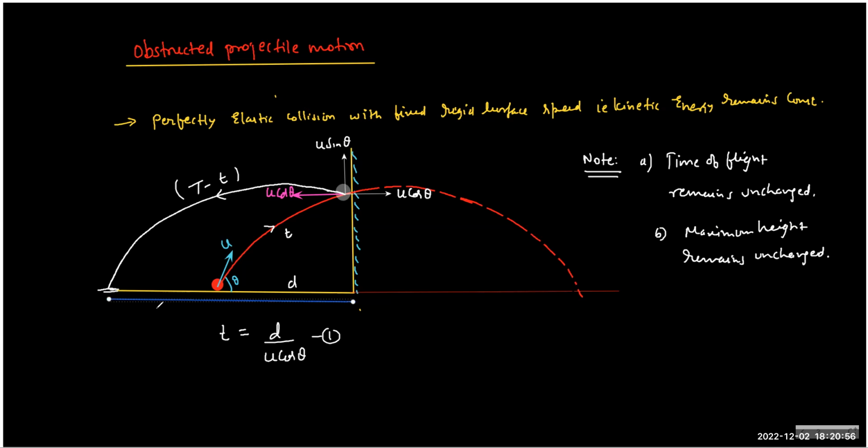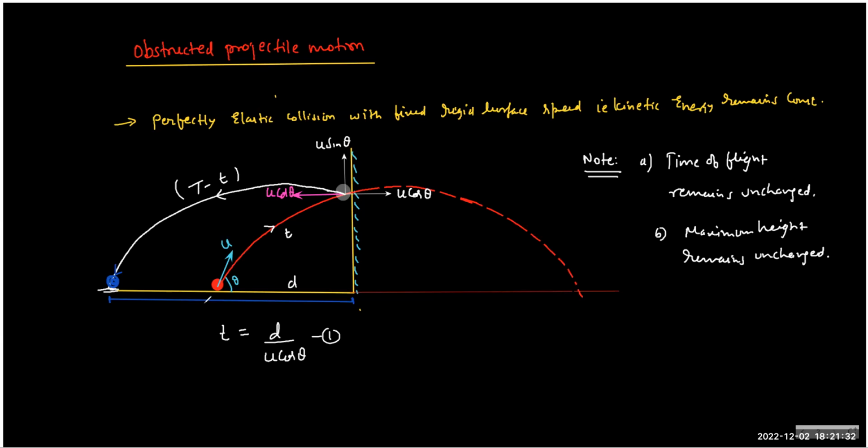After impact till you land, how much time do you travel for? After impact till you land, how much do you travel in horizontal direction? U cos theta into T minus t. Very good.